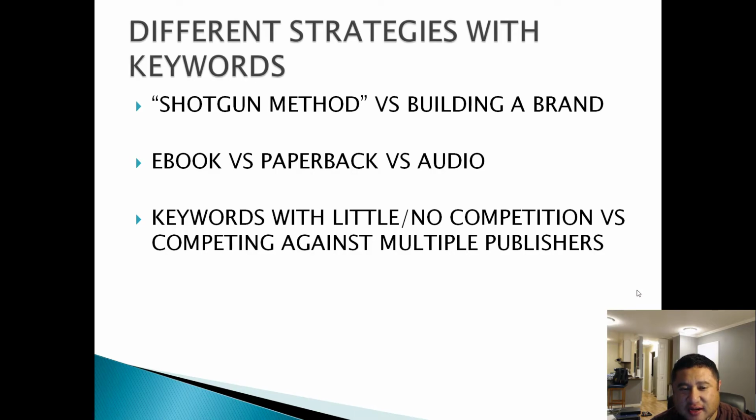More often than not, a given publisher will specialize in the majority of their sales with one medium, like audiobooks, or myself with paperback. I don't really see anyone killing it with ebook unless they're into fiction. But as far as nonfiction, you'll either see publishers specialize with audiobook sales or paperback sales.